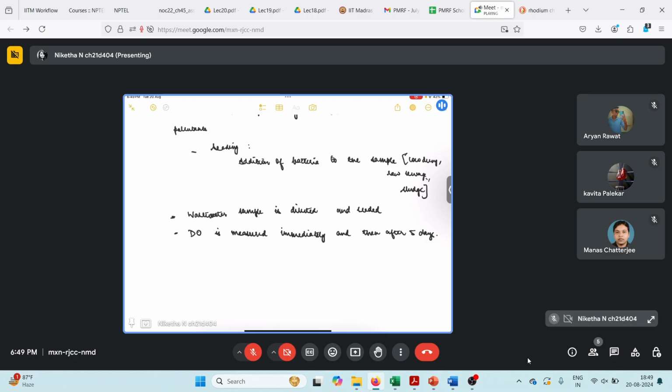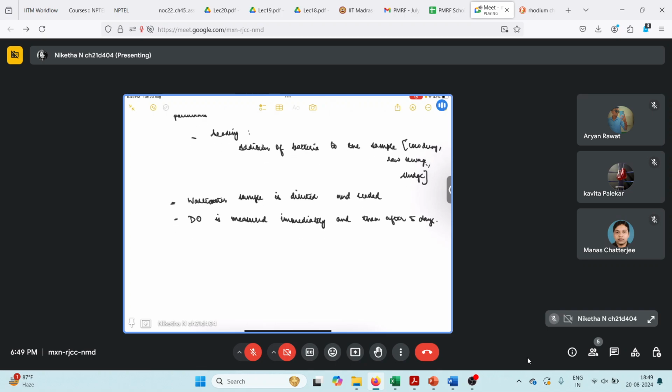So why we are measuring after 5 days is we are giving the bacteria time to oxidize the pollutants. And during the 5 days, the sample will be incubated at 20 degrees Celsius.